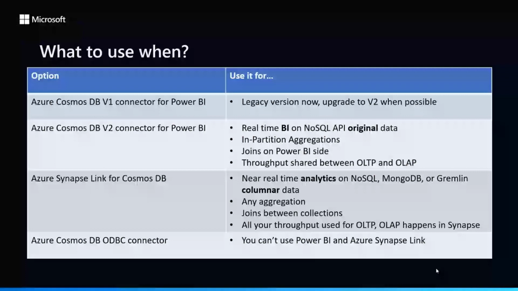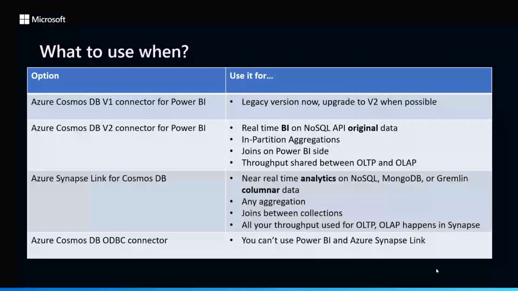The next option is Azure Synapse Link for Cosmos DB. It's recommended for near real-time analytics on NoSQL, MongoDB, or Gremlin API data. And it's on top of Analytical Store, so that's your columnar data. You don't have any restriction on aggregations, and you can do joins between your collections, right?